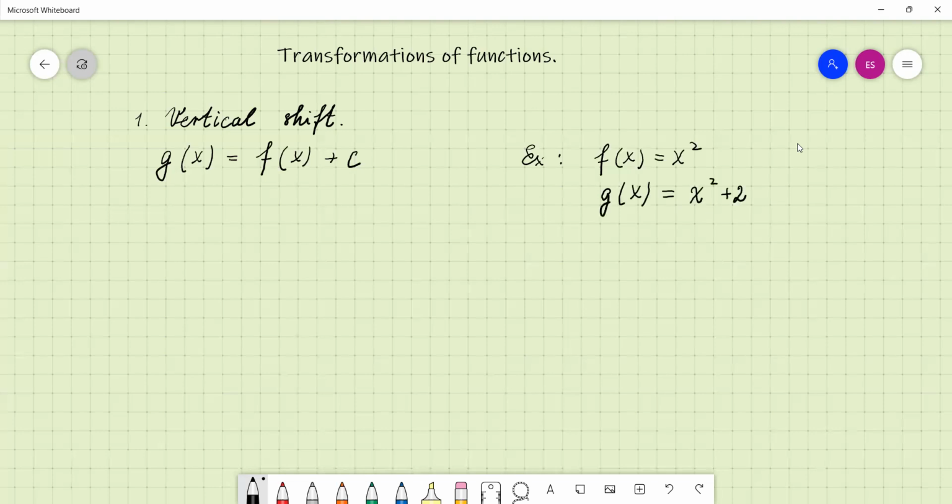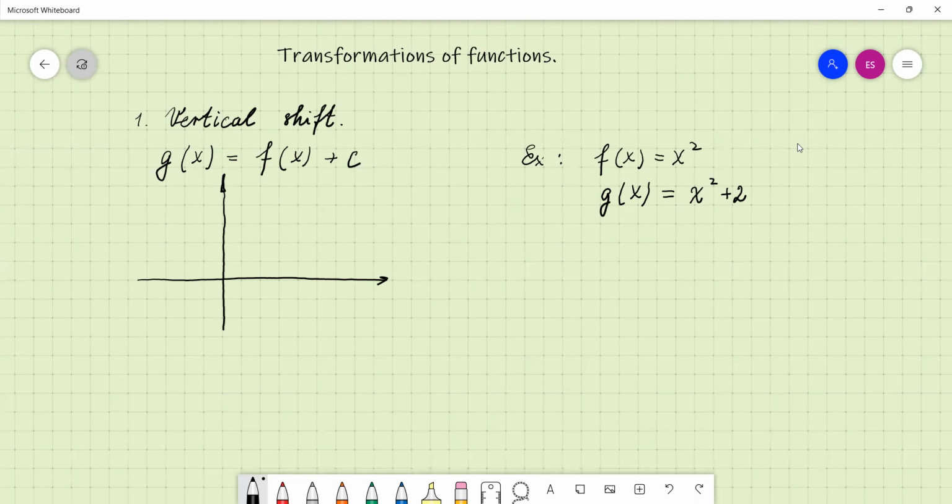Let's see how the graph is going to be transformed in this case. I'm going to draw a coordinate plane. When you graph a parabola, you basically need to graph a little bit of it, knowing how the shape looks.